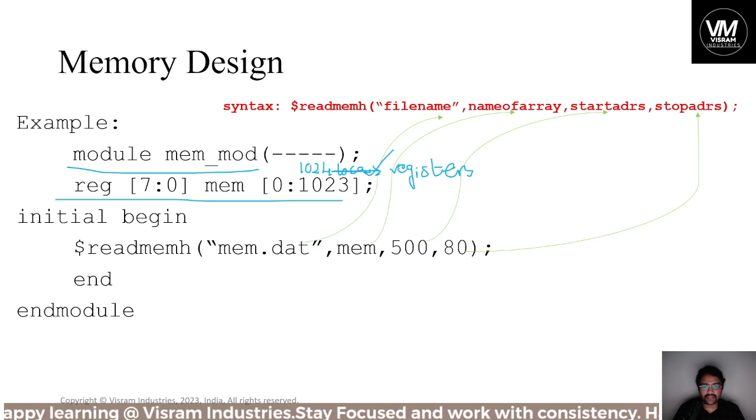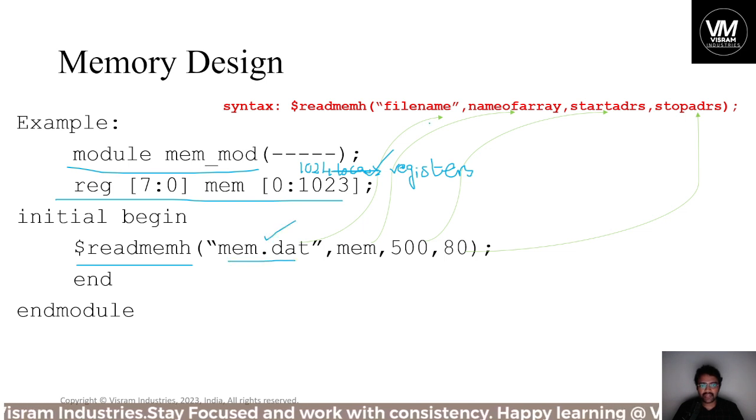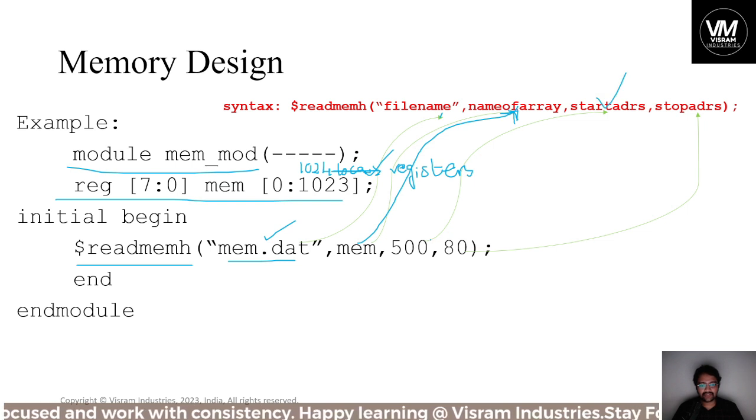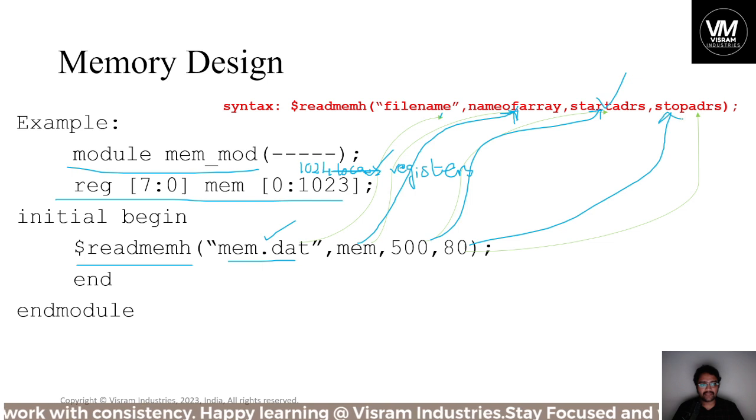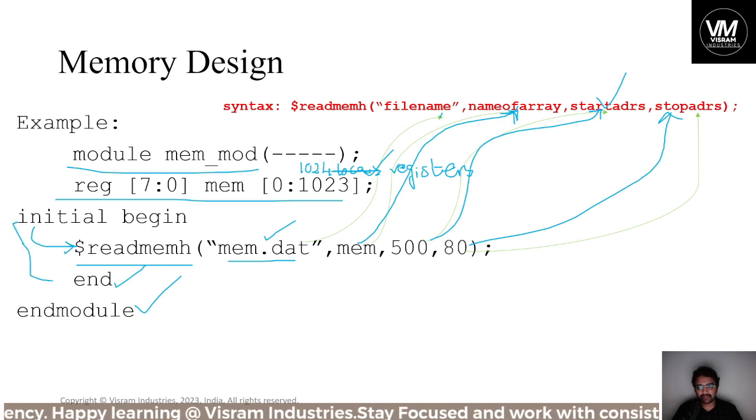Then initial begin, readmemh mem.dat, which can be your file name, and mem is the array name, and the start address is 500 and 80 is the end address, like this. Then end and endmodule. This is written in the initial block. So that is about initializing memory.